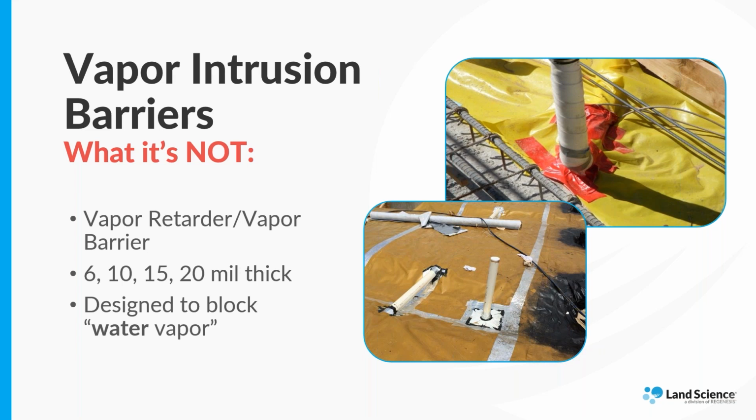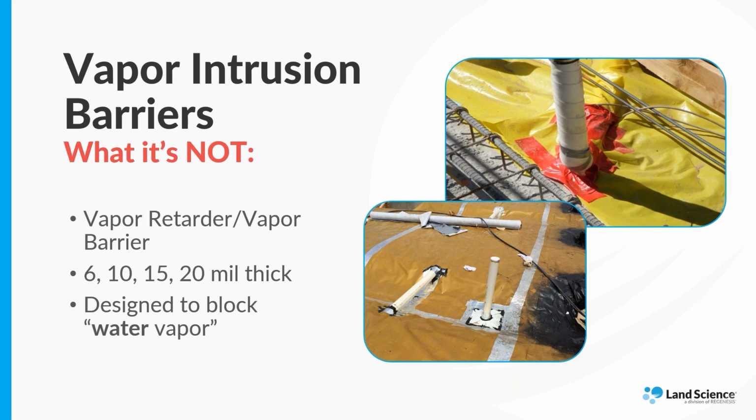So if Spencer or any of the other pros at United Consulting are creating a vapor mitigation design, it's unlikely that water vapors are going to be the main concern. So why do I point that out? Well, first and foremost, it's because there's a massive difference between chemical vapors and moisture vapor. Unfortunately, some people use the term vapor barrier kind of generically to describe any system that's installed below concrete. It can be misleading or even dangerous if we're trying to mitigate chemical vapors from a chlorinated solvent plume, or an even more immediate concern that we're seeing quite often these days, which is methane.